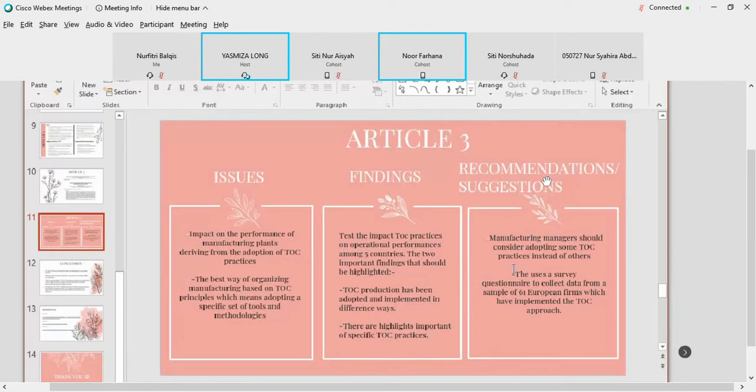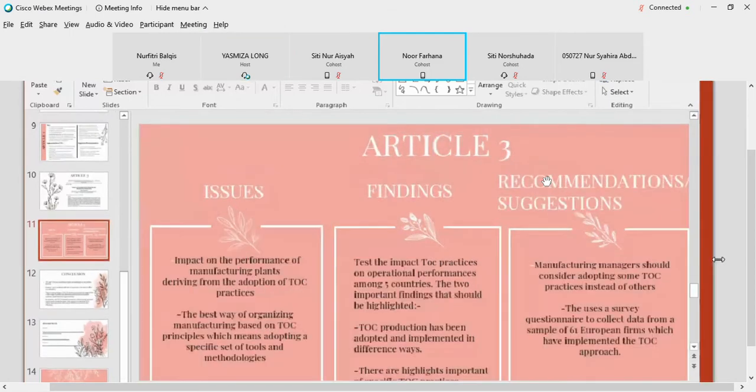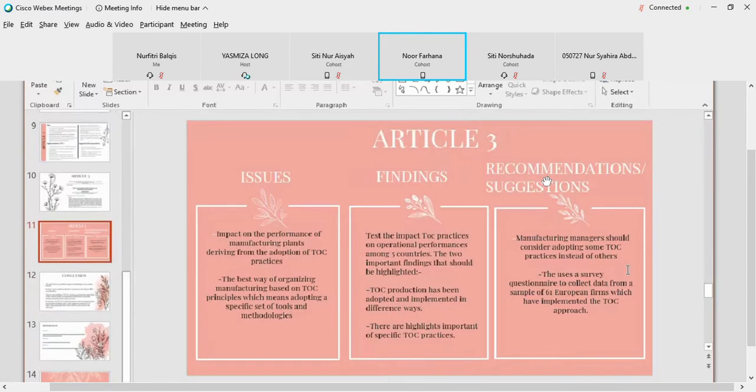Okay, manufacturing managers should consider adopting some TOC practices instead of others, like the drum buffer rope methodology, the development of a master production schedule based on constraint, and the use of non-constrained resources with excess capacity. These are among the most important practices to enhance competitive performance of manufacturing plants.